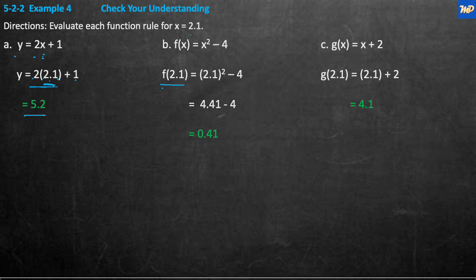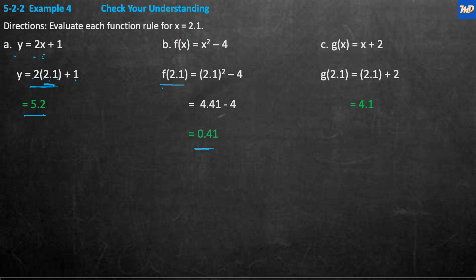When we square the 2.1, you're going to get 4.41. And then you're going to subtract 4 from that, and you end up with 0.41, because 2.1 squared is 4.41, and 4.41 minus 4 is 0.41.